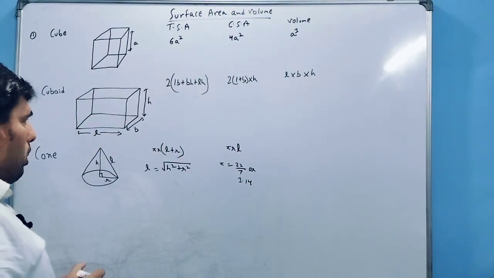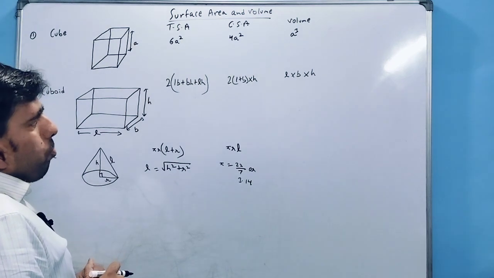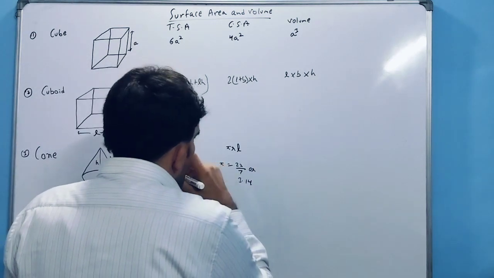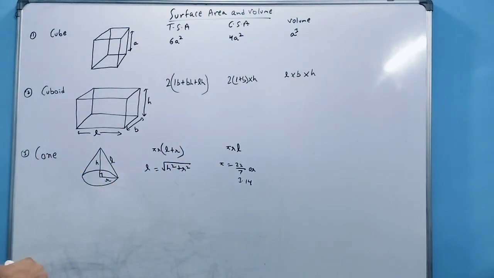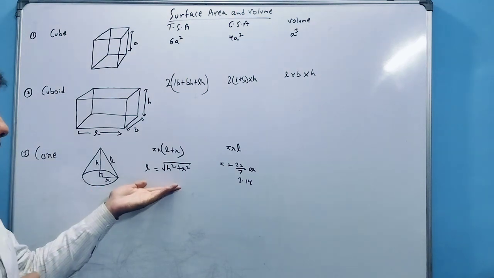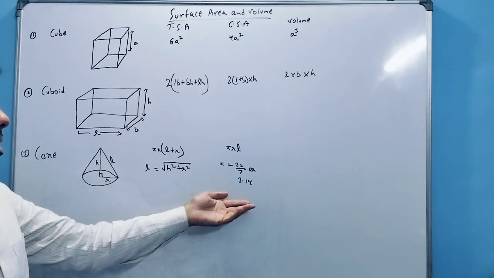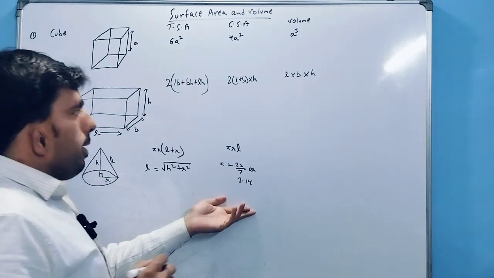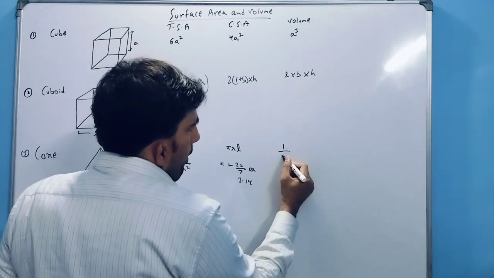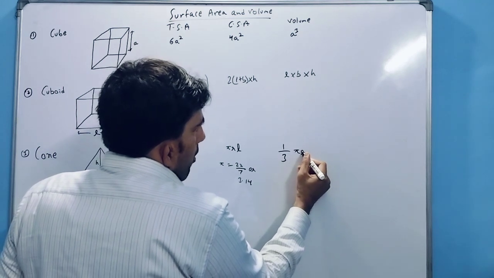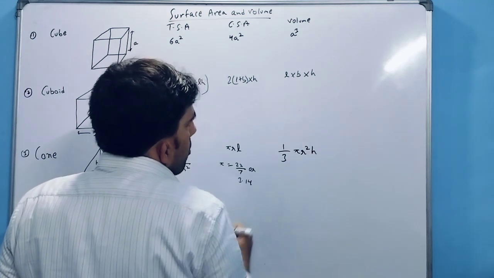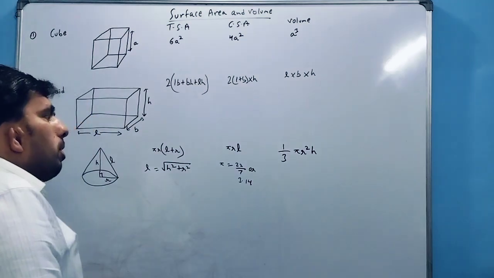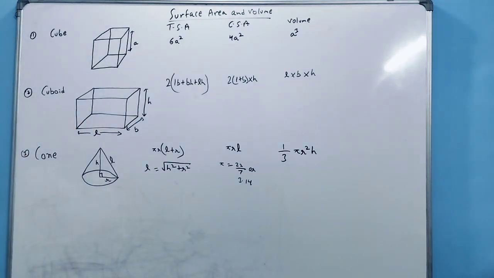Now its volume will be what? So we have TSA, CSA, and volume will be 1/3 pi r square h. That is how we are able to calculate the volume. So now we have cube, cuboid, and cone.